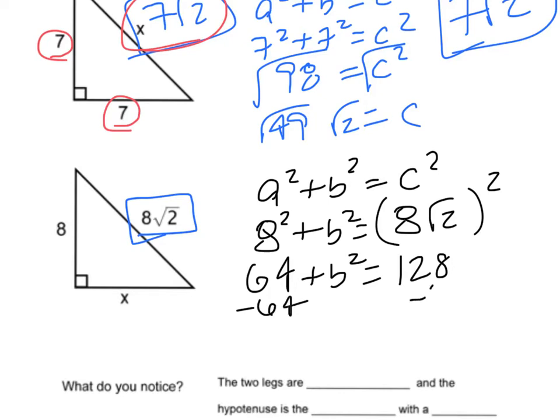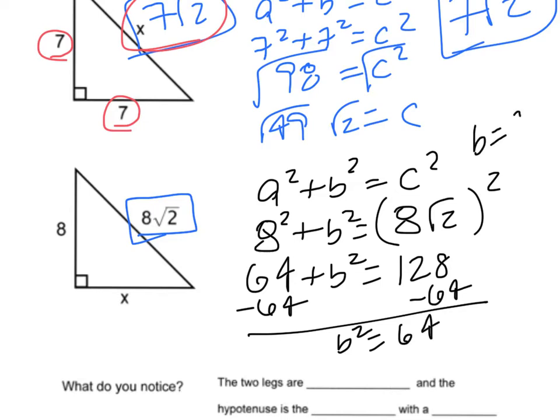I would subtract 64 from both sides and wind up with b squared is equal to 64 and b is equal to 8. So notice again, in this case we have a special right triangle because two sides are equal, and then the length of the hypotenuse is represented by a certain number.